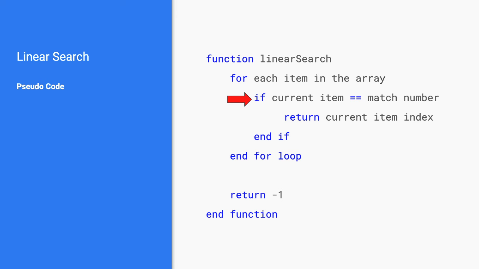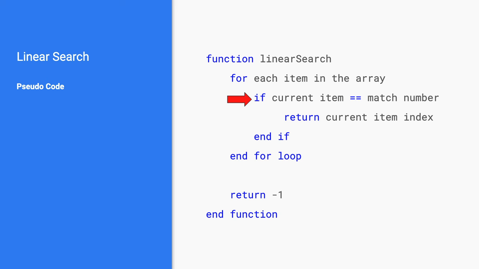If this comparison is successful, we can stop further processing and return the index. If the comparison wasn't successful, which means that the if statement evaluated to false, then we continue to repeat the process. We go back to the next element and then make the comparison again.